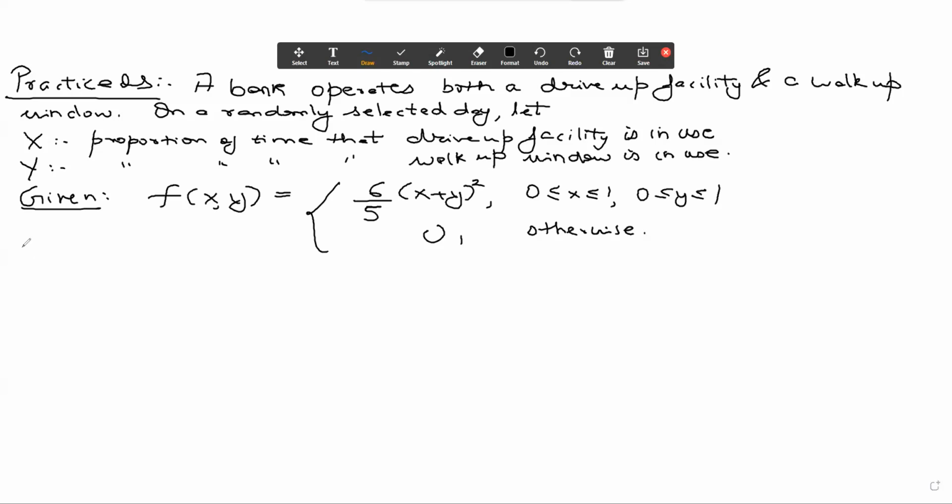The question asks us the following: verify that f of xy is a legitimate PDF.